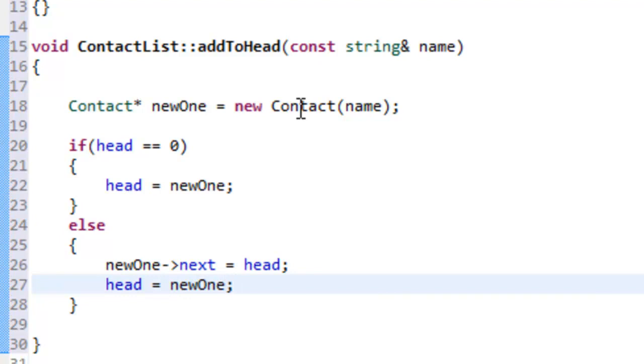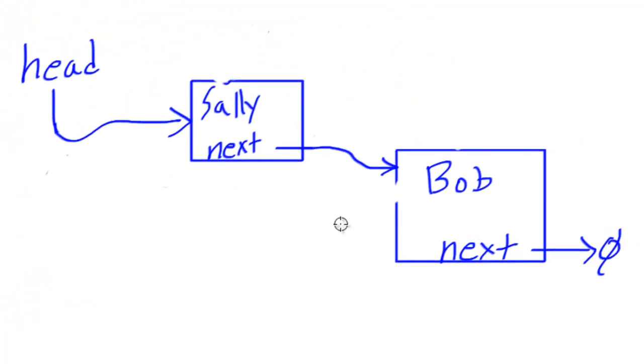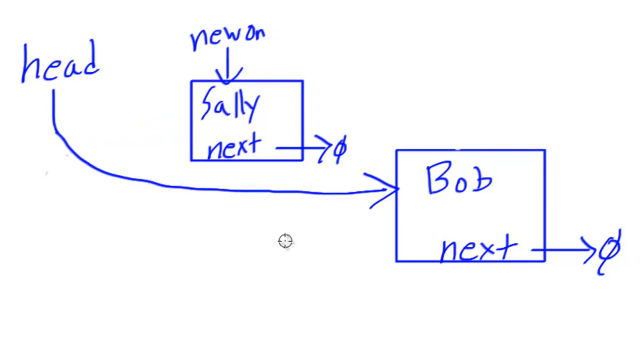Hopefully it's clear that we shouldn't do the head assigned to new one before we do the new one's next assigned to head, because if we assign head to new one, then we don't have a pointer. Let me flip back over there to what we had drawn, our logical representation, and maybe I can do a Control Z to get us back to this situation here.